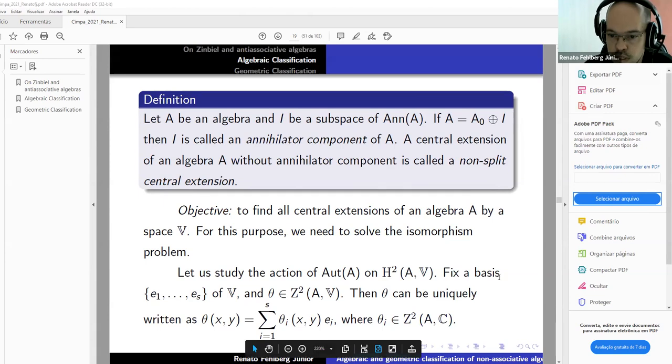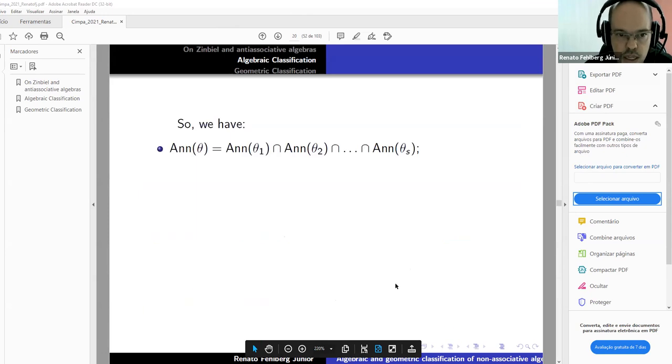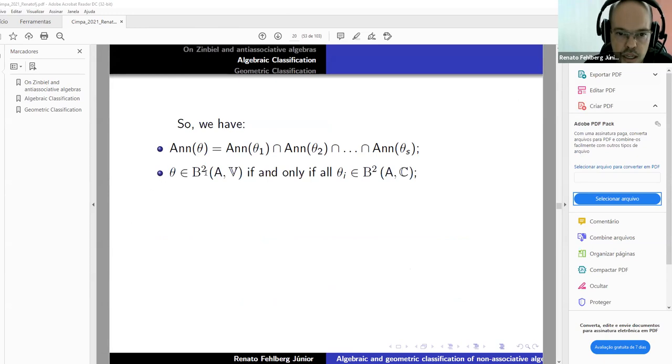So for this, we'll consider a basis of the space V, and theta, an element here in Z2. This element can be written in this way, where these theta i are elements here. So we have this equality about the annihilators. Theta is in B2 if and only if the theta i are in B2.